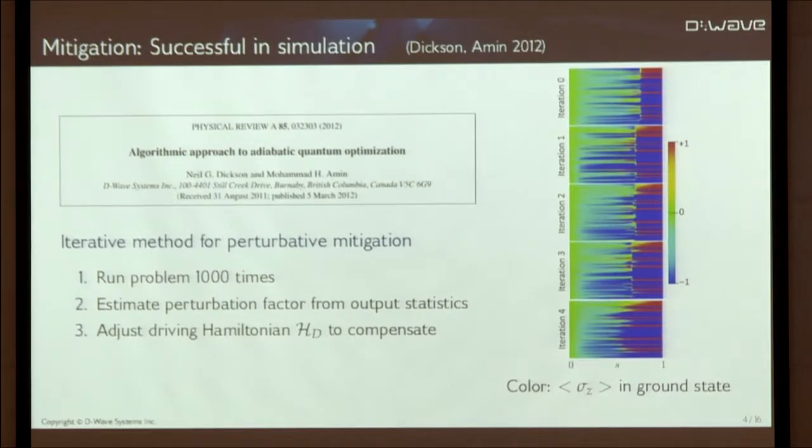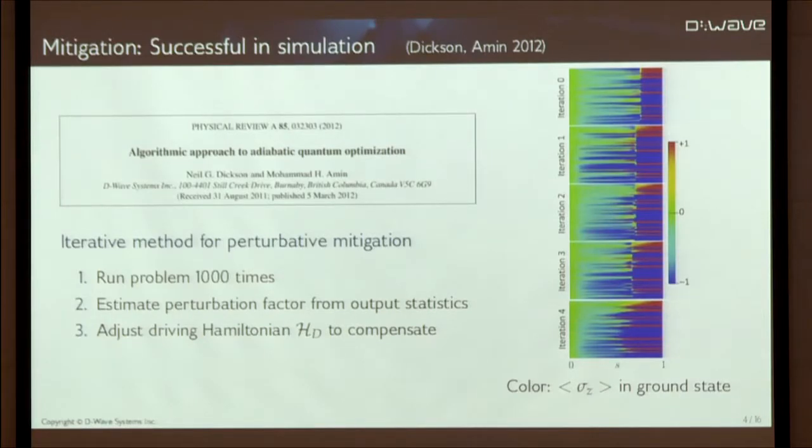So they do a second order expansion, and to get the contribution from the transverse field, they estimate it by running the problem 1,000 times, just as you would normally, looking at the statistics of the output states, and then estimating the perturbation factor from the output statistics.